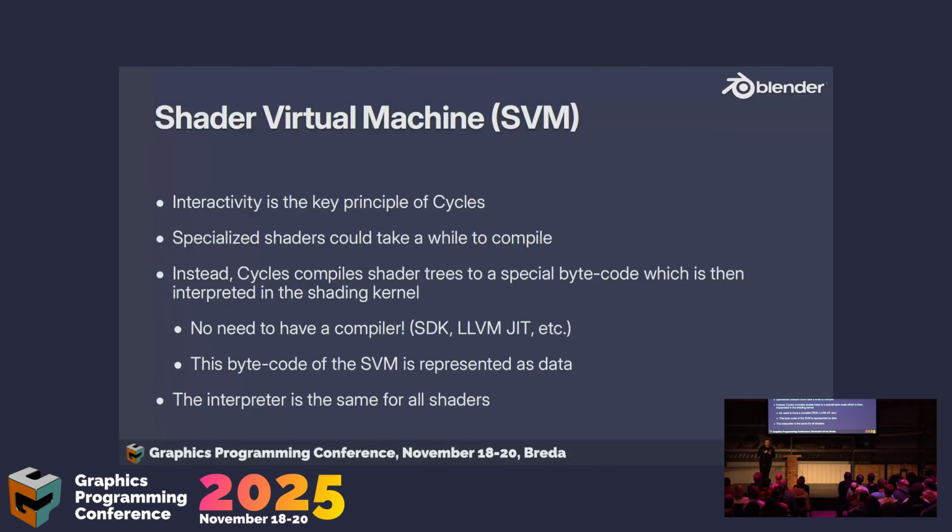Another point is that the implementation of the SVM is exactly the same on all the backends, and the same kernel can interpret whatever shading graph you're trying to shade. So it's not like you need any shader-specific SVM kernels.